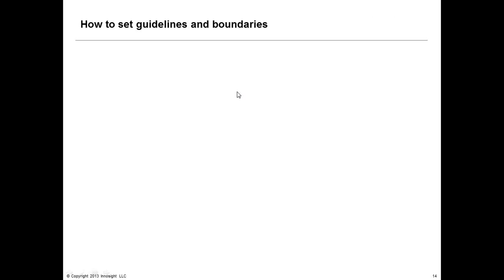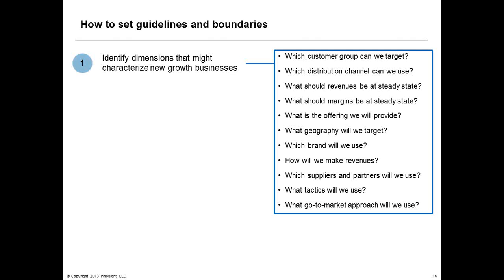So what customer group are you targeting with it? What distribution channel might it use? What do the financials that we require in terms of revenues and margins look like? What are we going to offer? What are we selling? What geographies? How are we going to make use of our brand?